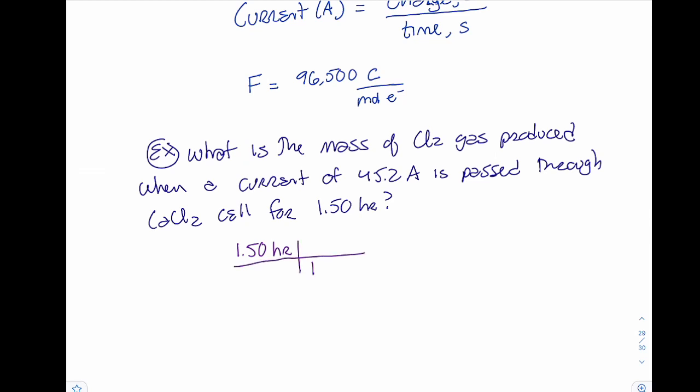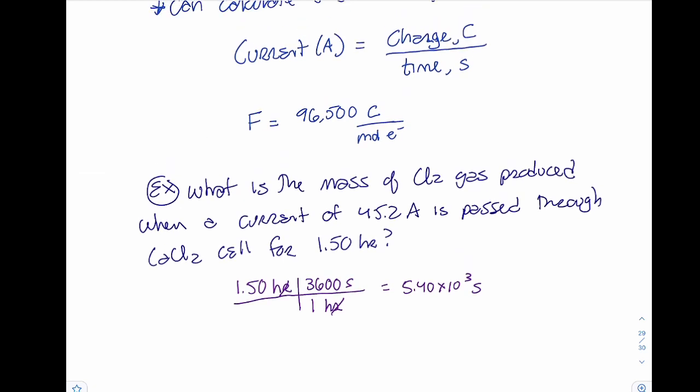So that tells me that 1 hour is 3,600 seconds. So I'm going to grab my calculator here. And I got 5.40 times 10 to the third seconds.